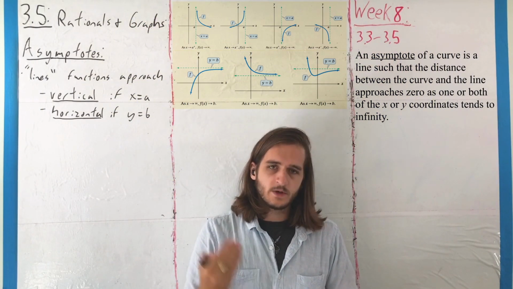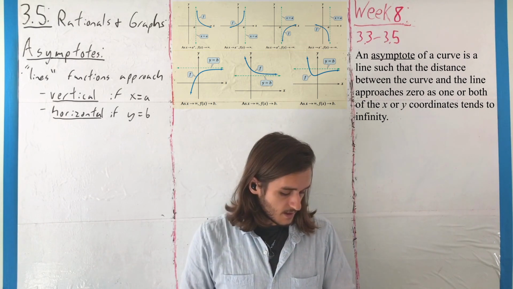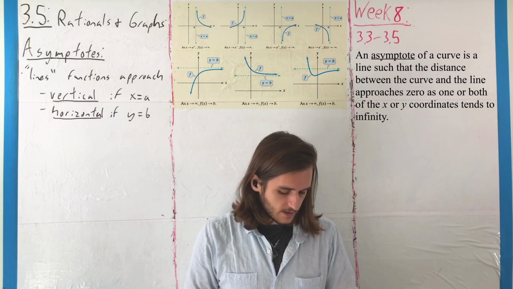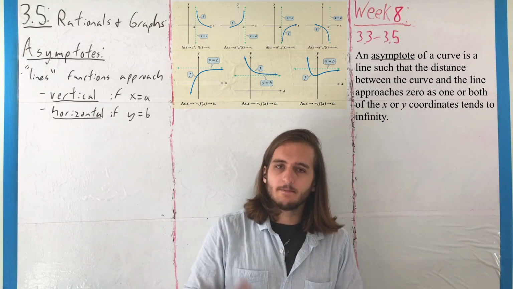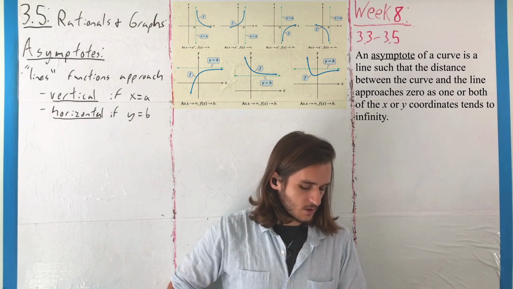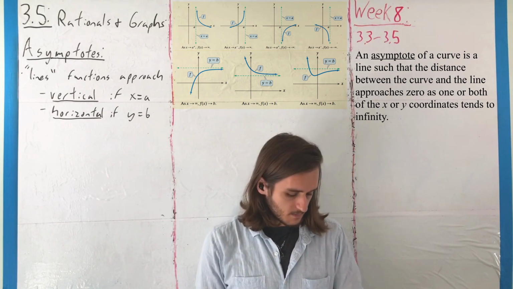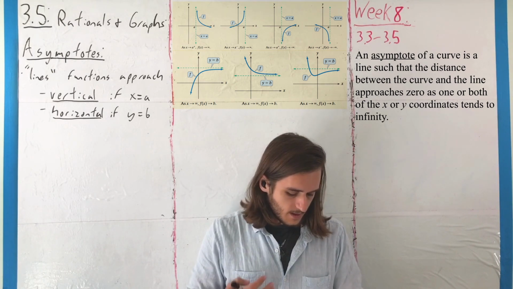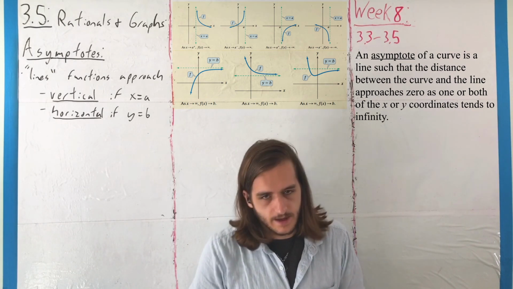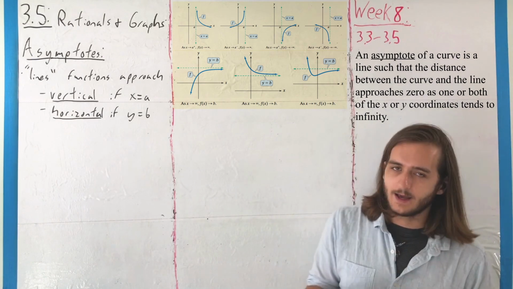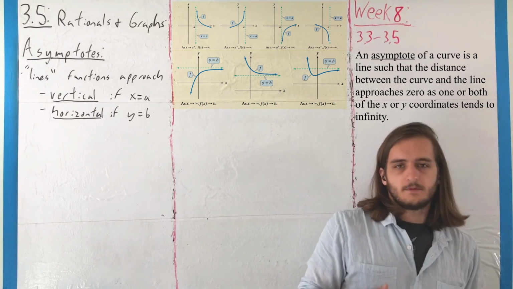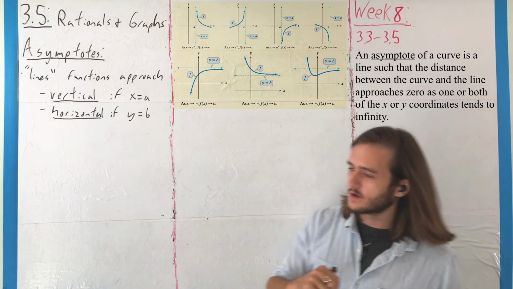And we can picture roughly what each of these things might look like for various types of behaviors, either in terms of vertical asymptotes or horizontal asymptotes. There isn't just one way that an asymptote will present itself, depending on the behavior of the function.